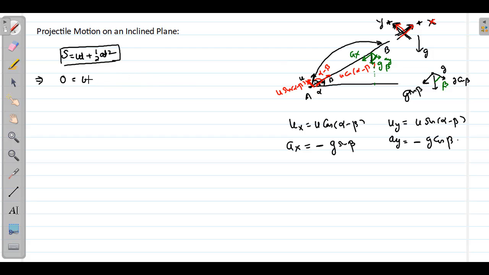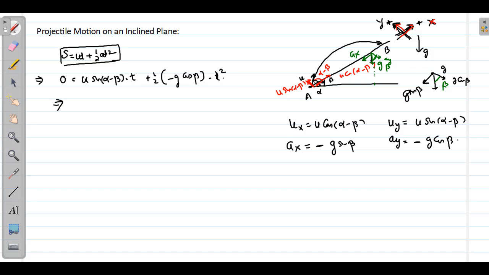Uy is u sin(alpha minus beta) times t, plus half, now acceleration is minus g cos beta, times t square.